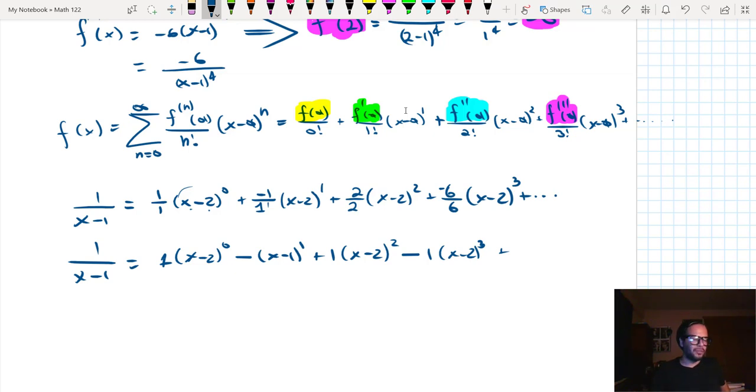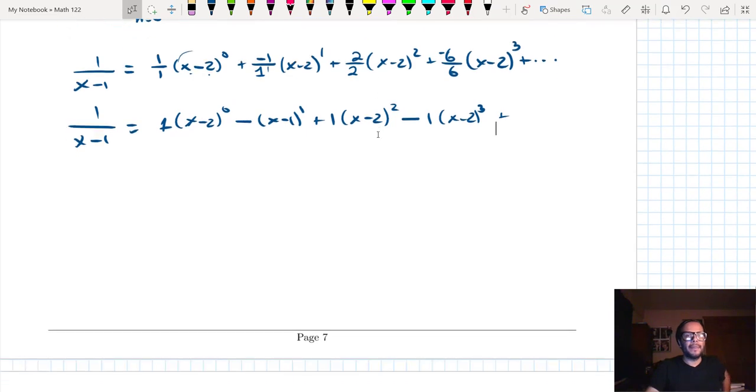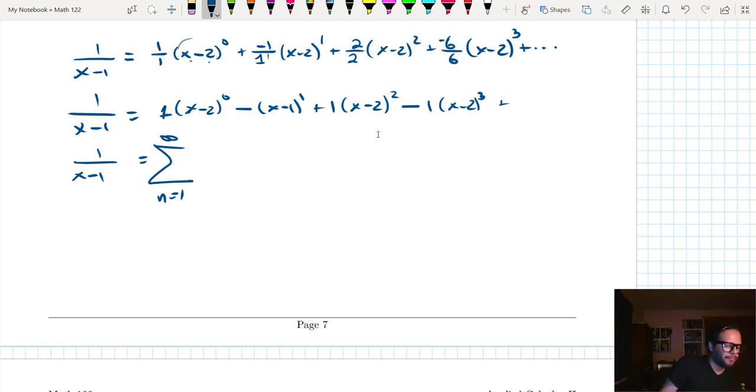Now, what are we going to do here? We are going to write this 1 over x minus 1 in terms of a Taylor series, sum from n equals 0 to infinity.